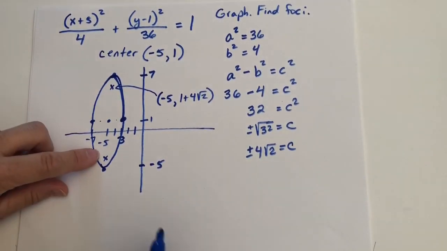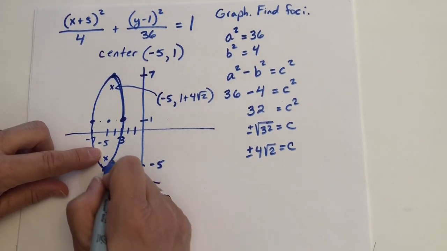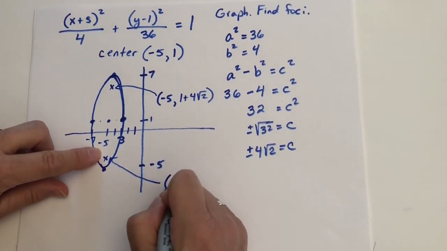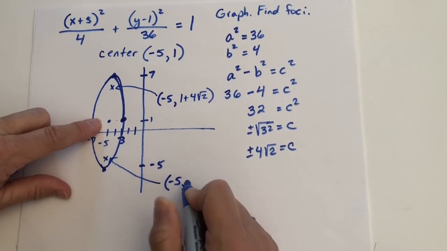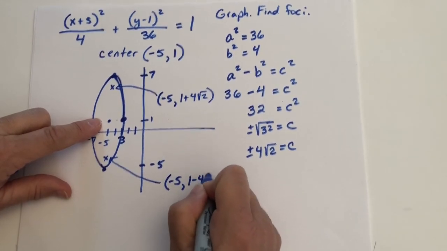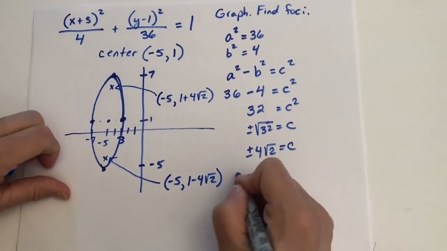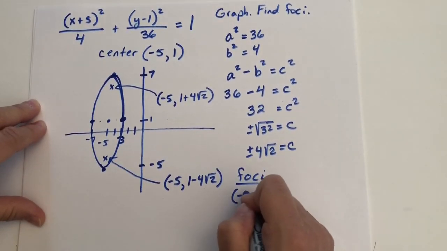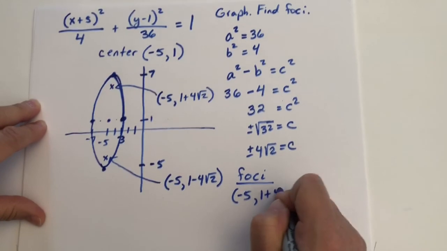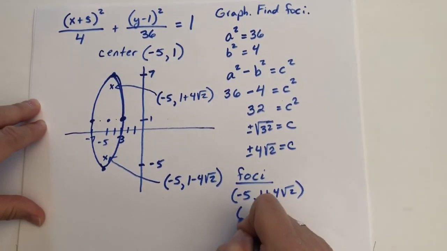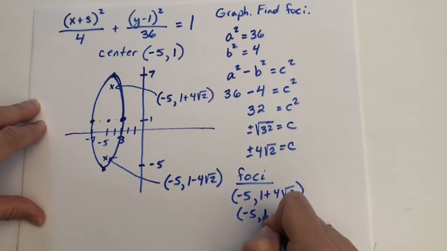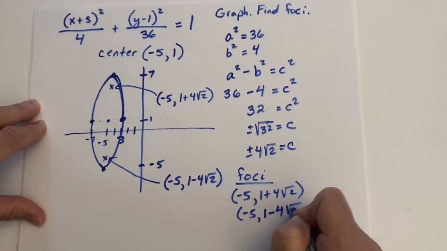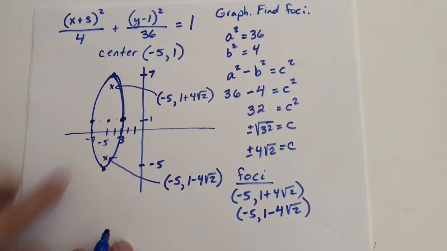And similarly, this point down here would be (-5, 1 - 4 square root of 2). And those are the foci for this problem. (-5, 1 + 4 square root of 2) and (-5, 1 - 4 square root of 2). And we finished this problem as well.